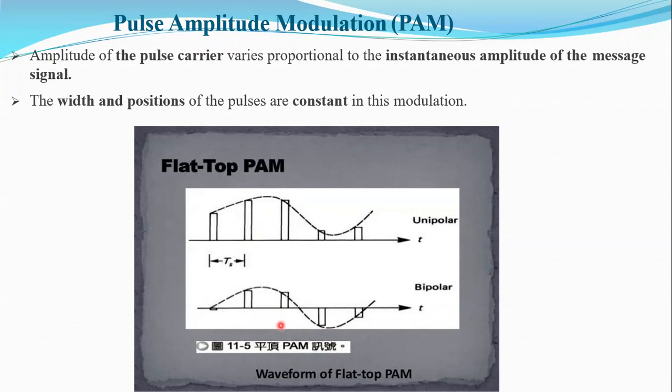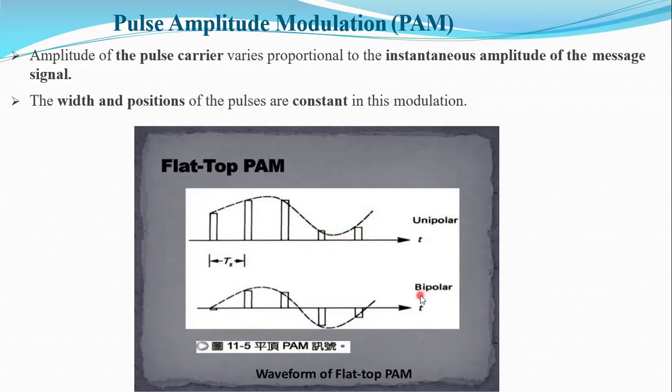For double polarity PAM, or bipolar PAM, the pulses will be both positive as well as negative. From these images, we can observe that the first one is unipolar, also called single polarity PAM. That means a fixed DC level is added such that all the pulses are in the positive direction.